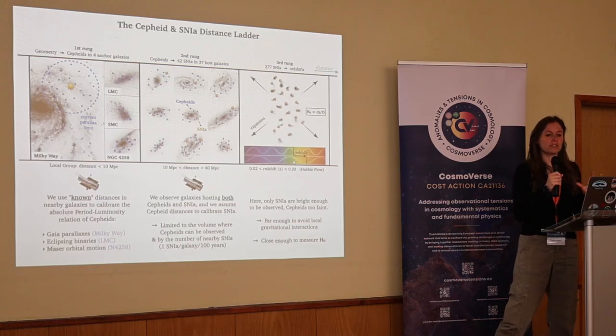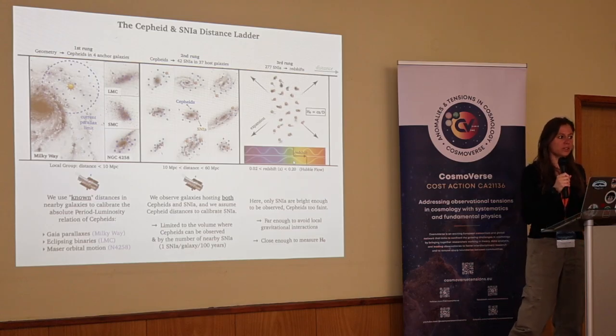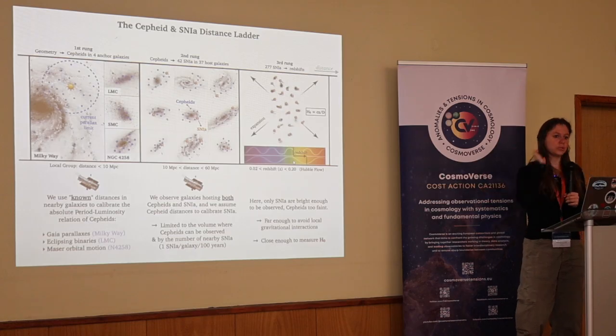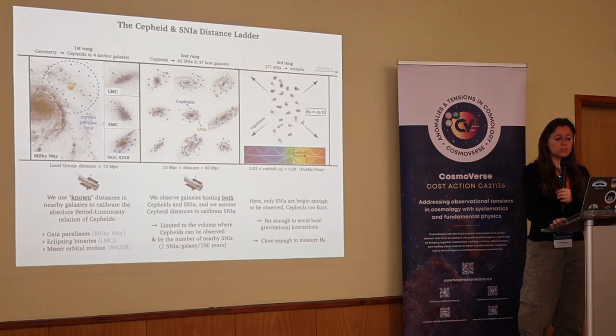And having really everything on the same system with the same filters and the same instrument ensures that everything is clean and you're observing it within the same system with the same conventions. And this is the reason why we have been able to reduce the uncertainties on the Hubble constant. Just using a different telescope or combining two systems would significantly increase the uncertainties. So this is an important point.